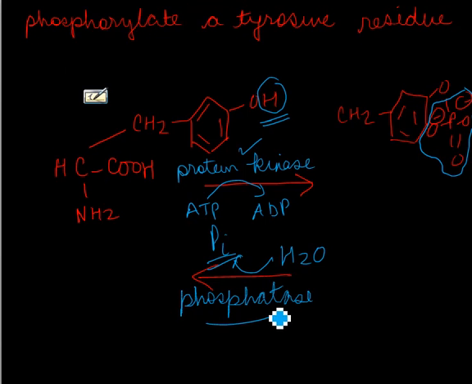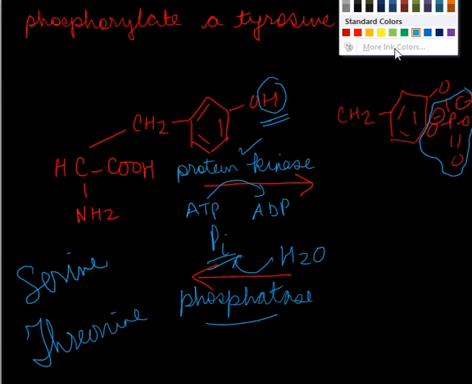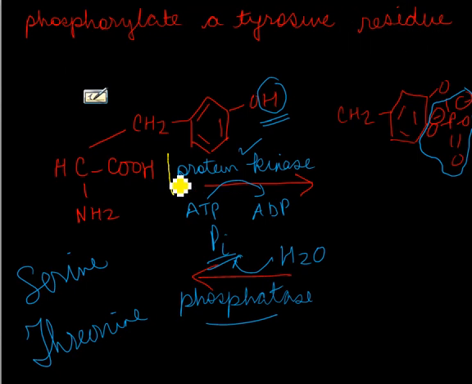Alright, so this is a general scheme of how phosphorylation works, right? You can try it for serine, and you can also try this for threonine. But the two most important things that come out of this are protein kinase and phosphatase.